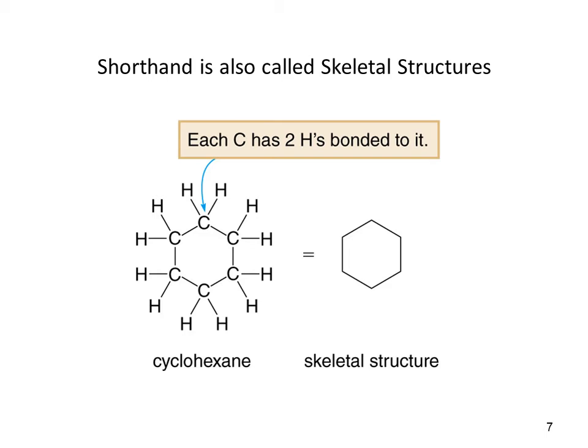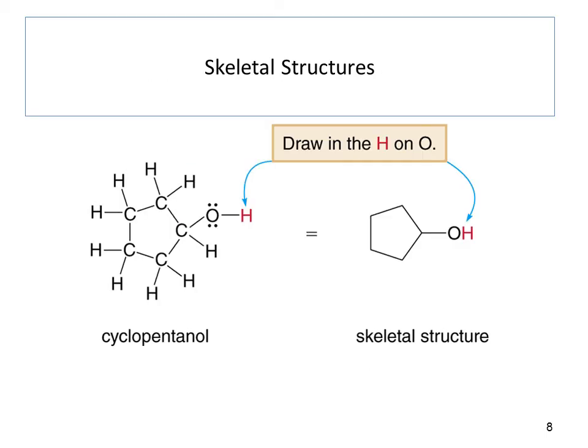We also call these shorthand skeletal structures, and I think your book often will call it a skeletal structure instead of shorthand. If we look at this skeletal structure, you can see that on the left we have a cyclopentanol molecule. Cyclopent means there's 5 carbons in a ring, and the anol means there's that OH on it.